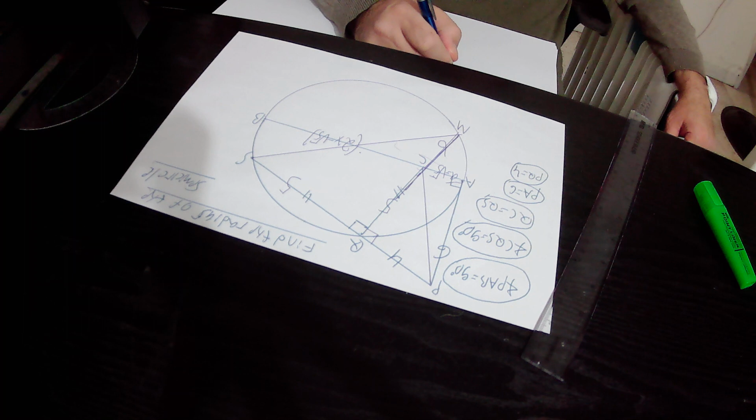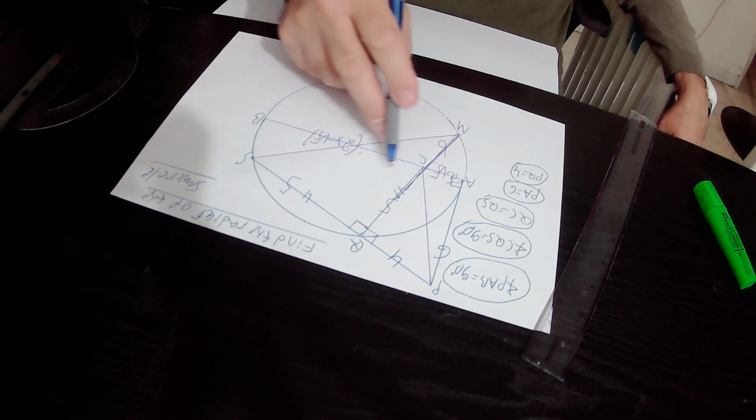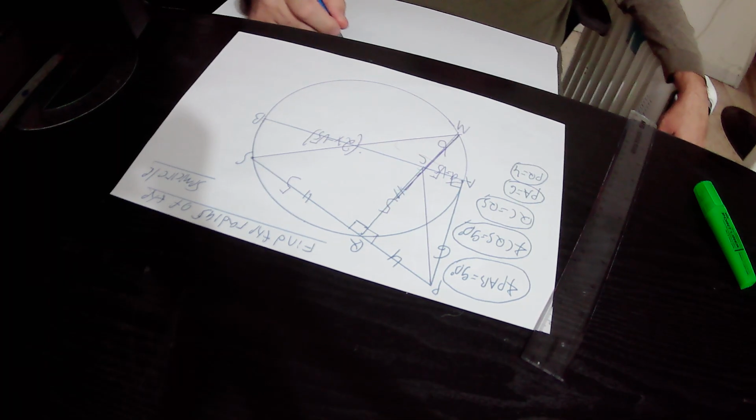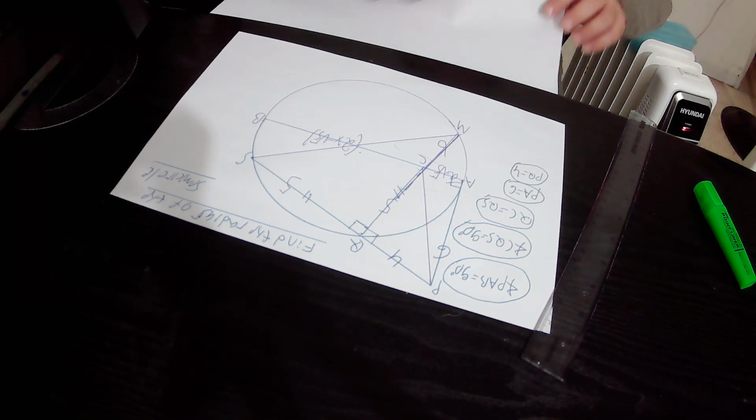According to rule number 11, whenever you have in a circle two chords that intersect with each other, then the following equation is true, that AC times CB equals QC times CM. Repeat again.